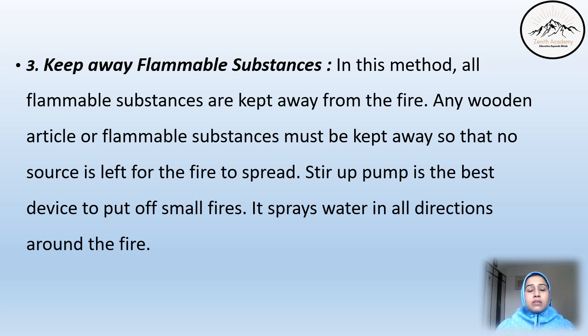So wherever such accidents occur, first we have to keep all the flammable substances away, and also all the wooden articles should be kept away, because wood also easily catches fire. Also, a stirrup pump is the best device to put off small fires. It sprays water in all directions, and therefore the fire can be easily put off.